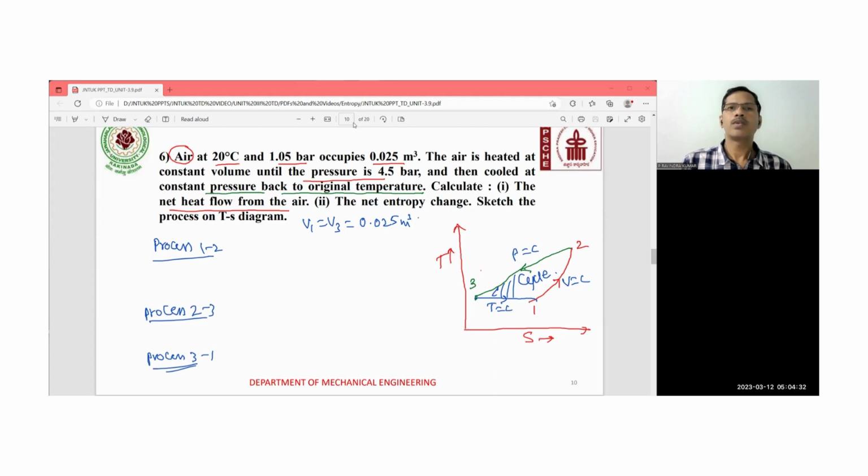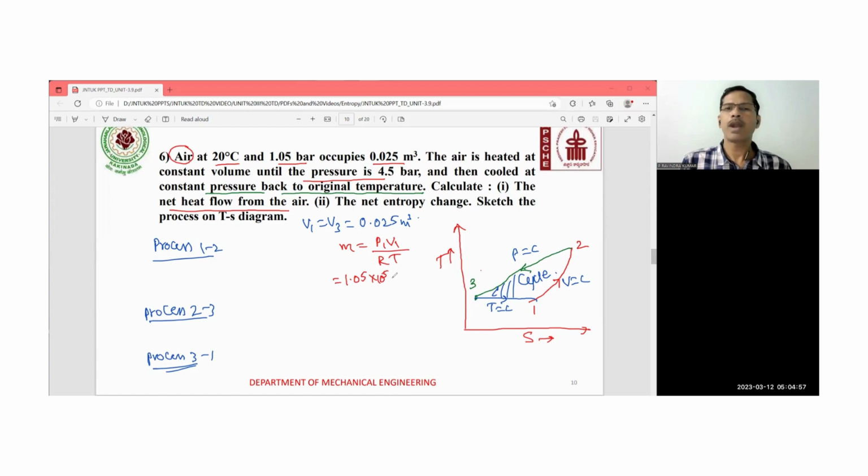So first thing is to find out the mass, because we know that P1 is 1.05 bar, so m is P1 V1 divided by R T1. P1 is 1.05 into 10 to the power of 5.